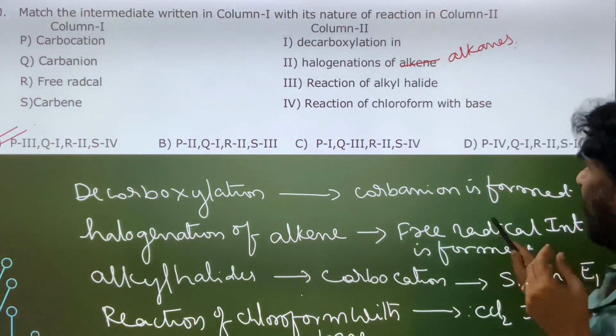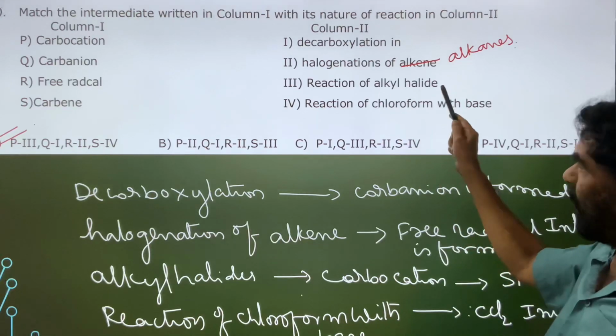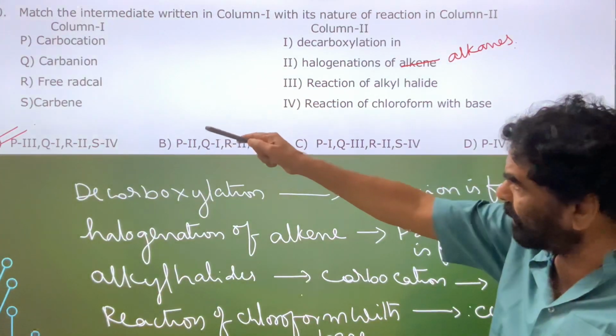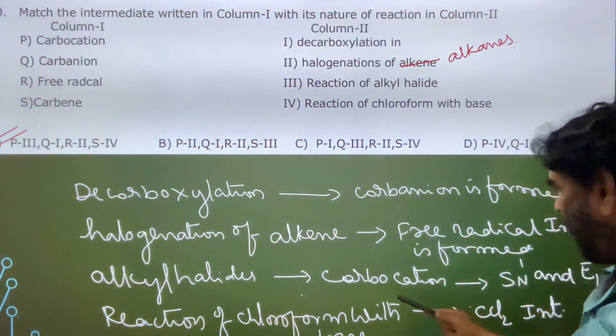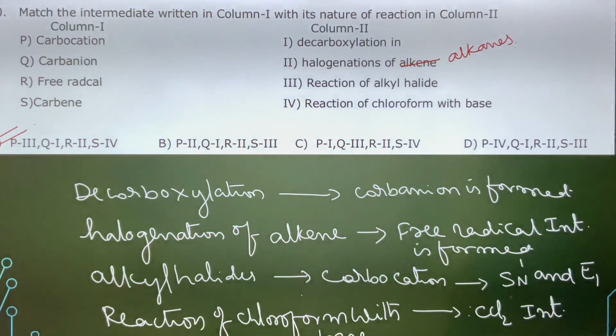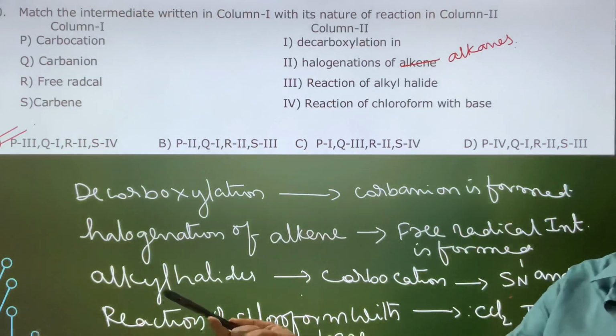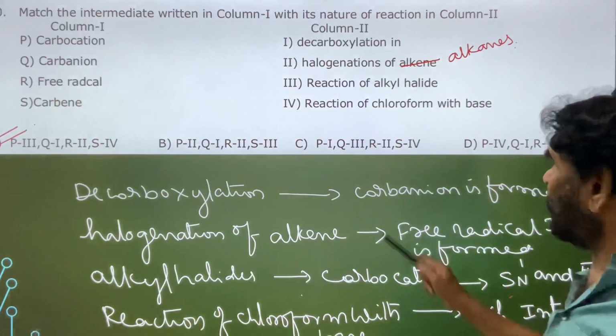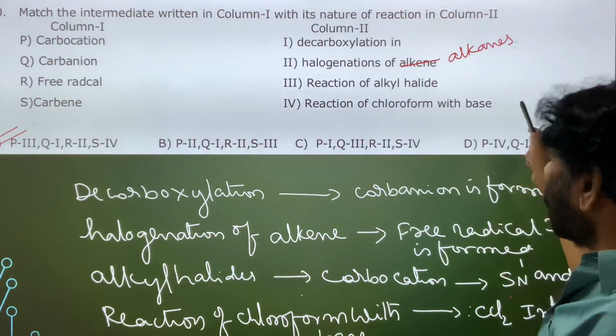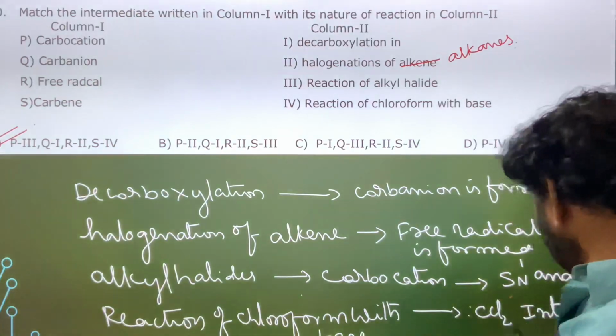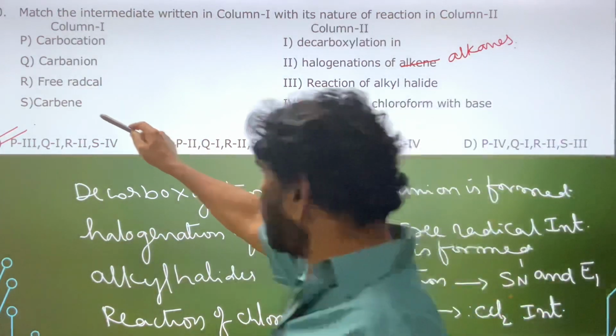See, free radical intermediate. Reaction of the alkyl halides, there a carbocation is formed, in SN1 and E1 reactions. In both, the carbocation is the intermediate. That is a reaction of chloroform with base. That is always dichlorocarbene is formed, which is known as a carbene.